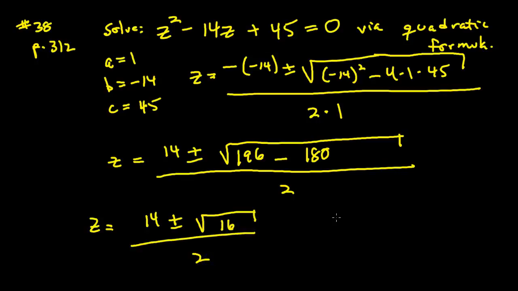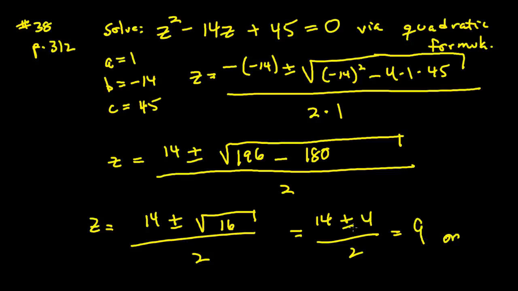over 2. Of course, we know what the square root of 16 is. The square root of 16 is 4. So I'll have 14 plus or minus 4 over 2. Let's investigate the plus option here. 14 plus 4 is 18. 18 over 2 is 9.